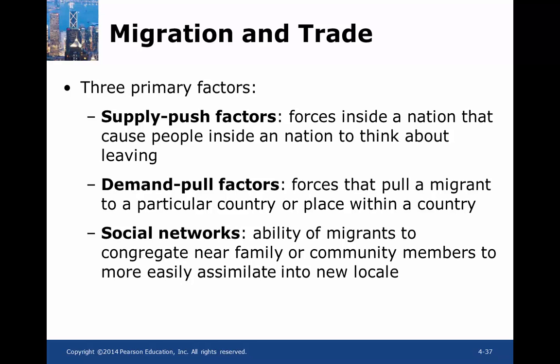Demand pull factors are forces that pull a migrant to a particular country or place within a country. Social networks are the ability of migrants to congregate near family or community members to more easily assimilate into a new locale.